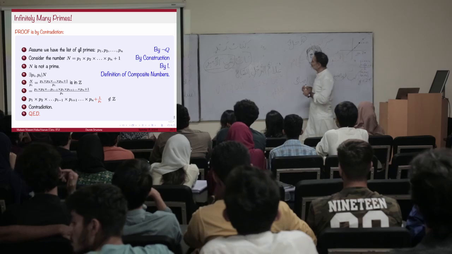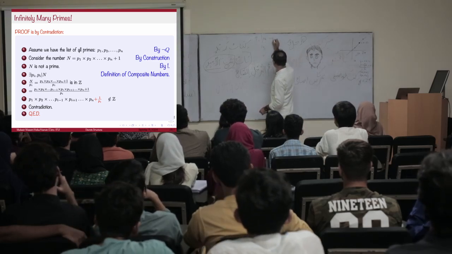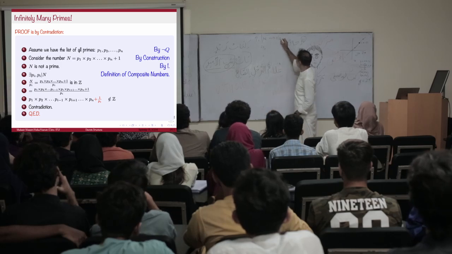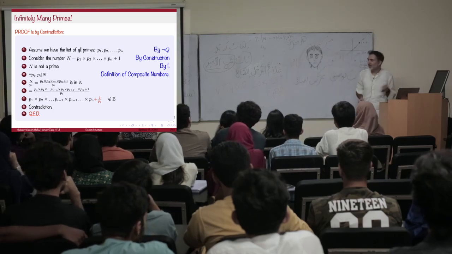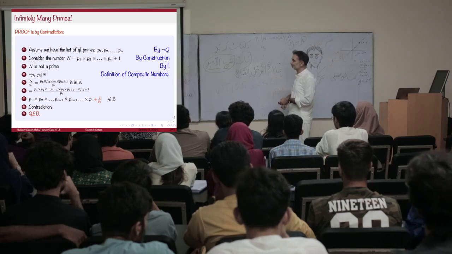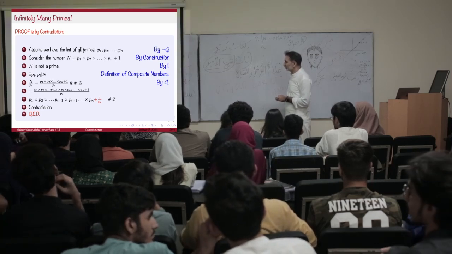Okay, so if pi divides n, this means that n is equal to pi times some k, where k is an integer. This is the definition of divisibility. Okay, so this is by definition of divisibility in step 4. Okay, cool.